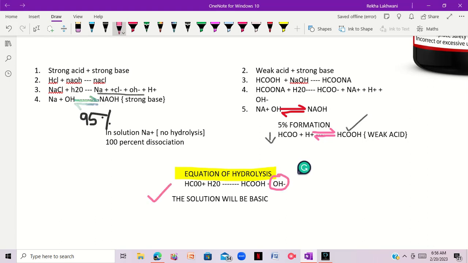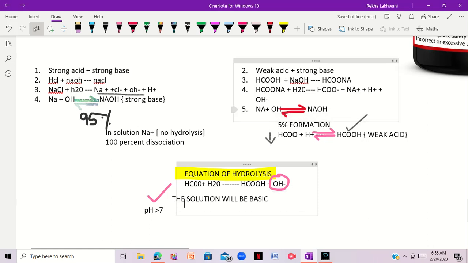So the pH over here will be greater than 7. I want that inequality sign, I don't know where it is. Okay, it's over here. The pH will be greater than 7.